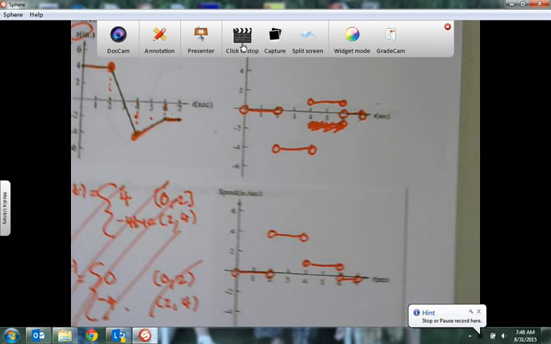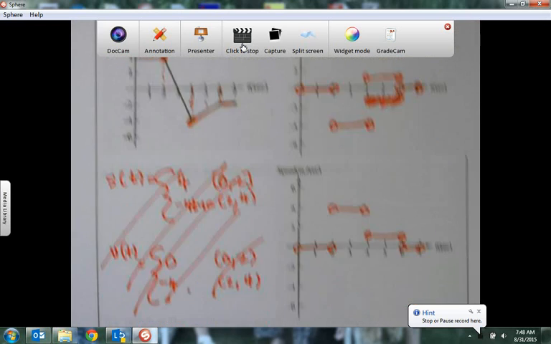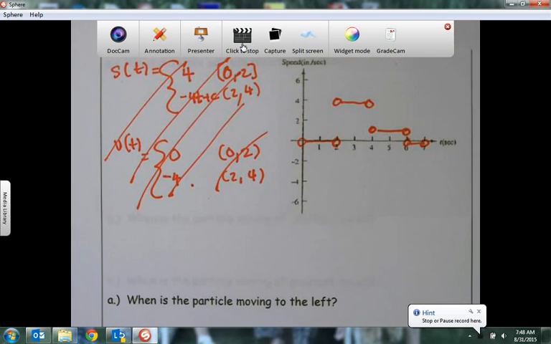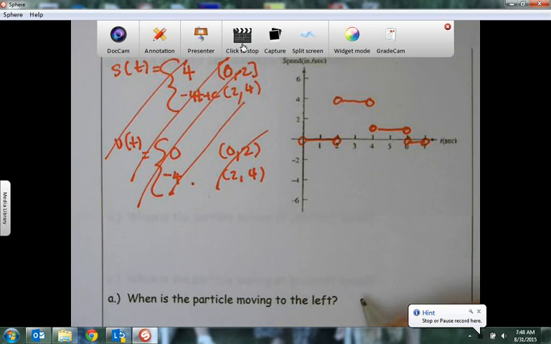Okay, so A says, when is the particle moving to the left? It's going to be when V of t is negative.